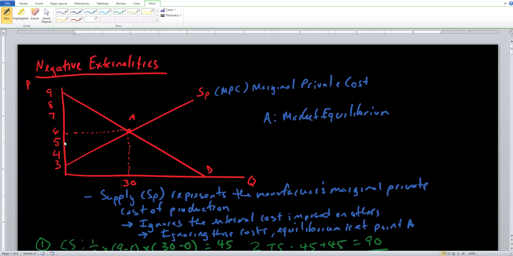That tells us that our new supply curve, this marginal social cost, is going to be shifted by 2 units. So we start off at 5, and that's exactly where the new supply curve comes in, this SS. So SS, remember, that is our marginal social cost, MSC. So we're making these firms and corporations actually feel the harm that they're imposing with their production.